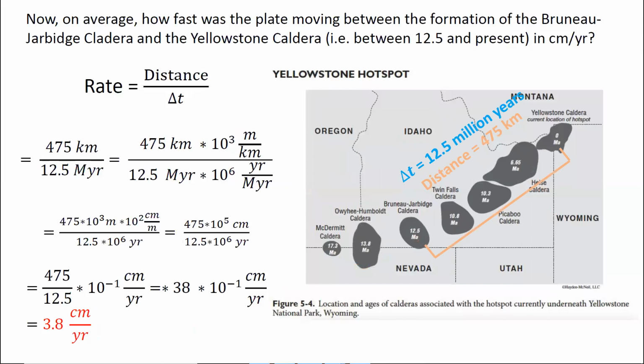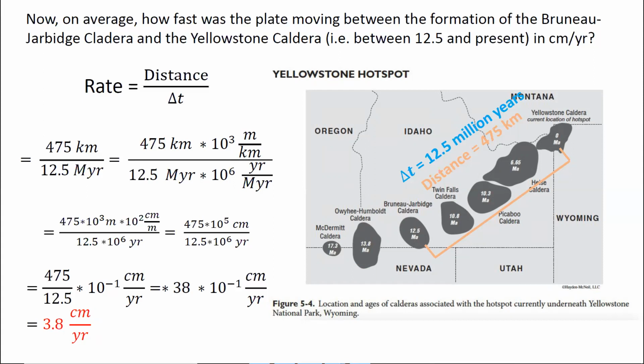Now let's look at two other calderas. Well, the one new caldera. Here I'm asking, what was the average rate of plate motion between the formation of the Bernot-Jarbidge caldera and the Yellowstone caldera?